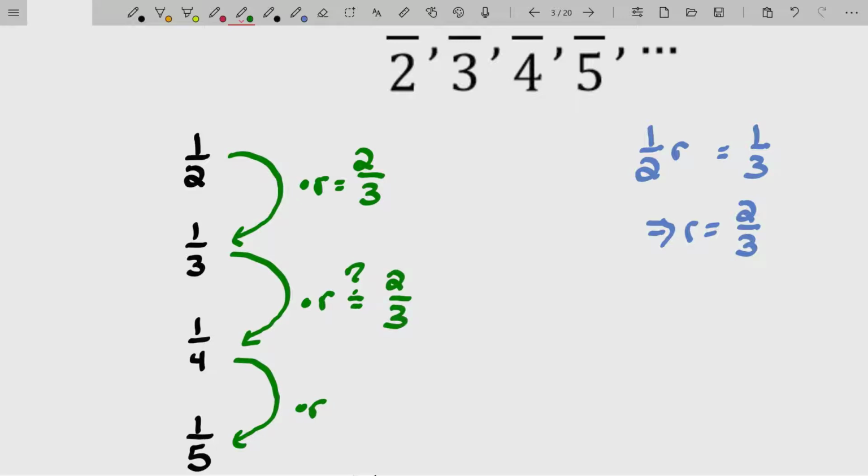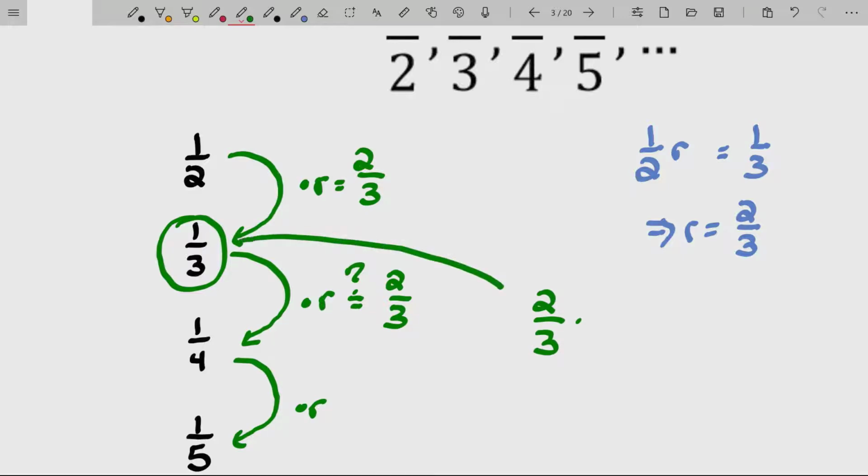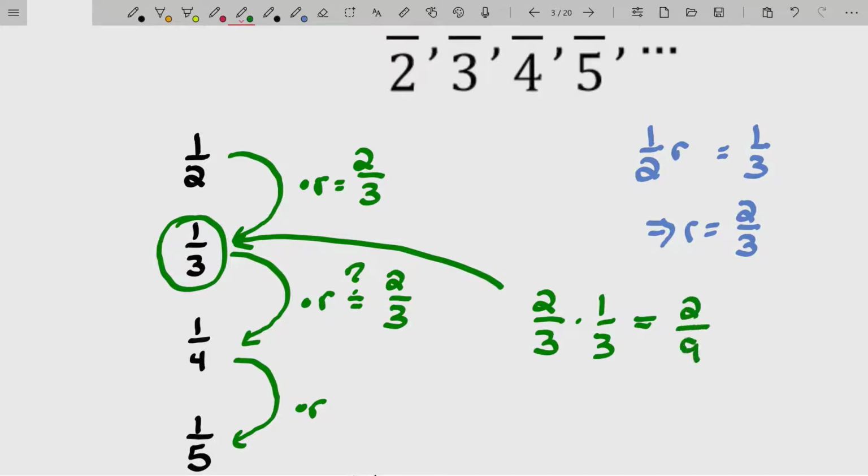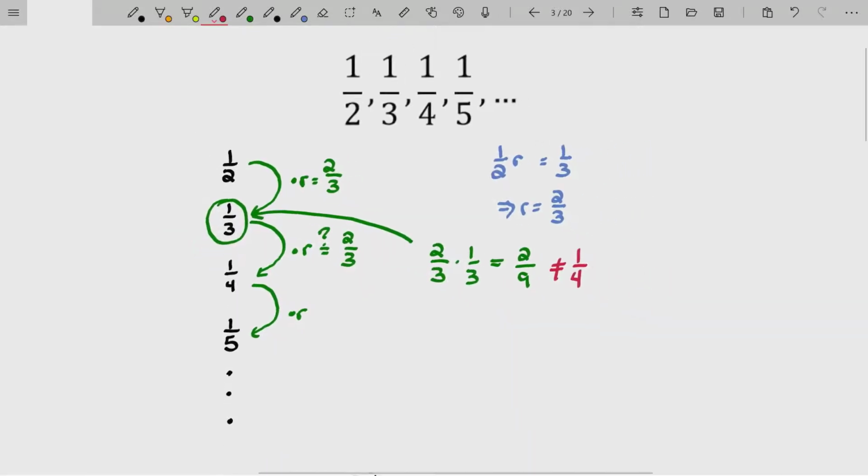Well, let's see. 2/3 times 1/3, this 1/3 right here, would not become 1/4. We want to get to 1/4, but this is actually not 1/4. This is 2/9, which is not equal to 1/4.